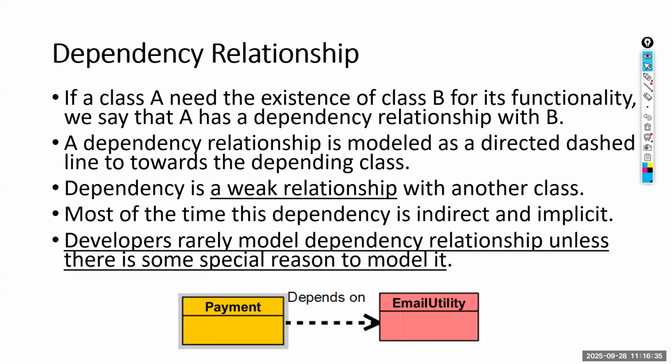Okay. Right. So the last relationship between class to class is dependency. This is the weakest relationship, and most of the time we don't show it unless it adds value. Right? So that is the weakest relationship that we show in class diagrams.